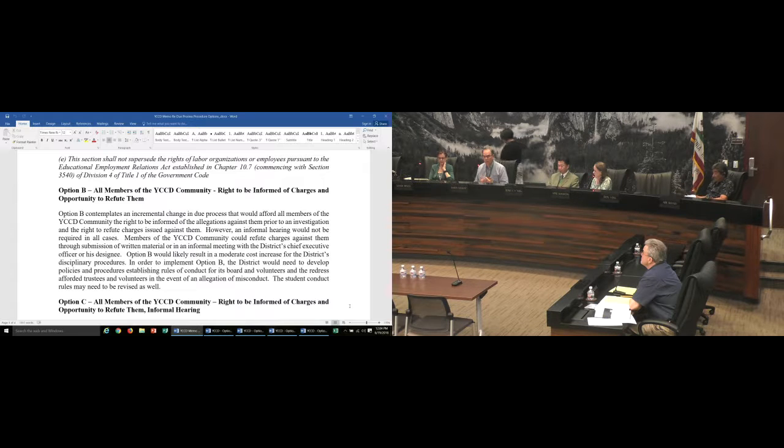So if you go through the Skelly process, for example, and the Skelly officer says, I have painstakingly reviewed, I've sat down with the accused party, and I believe that the charging document is true and correct, and that I'm sustaining the recommendation for termination, there you go.